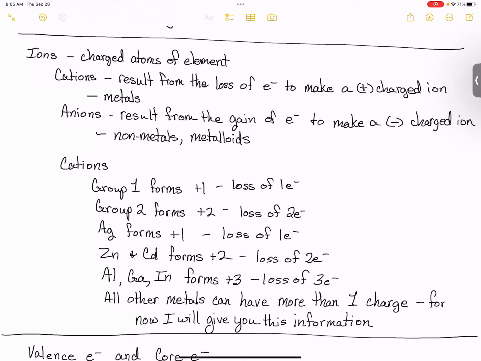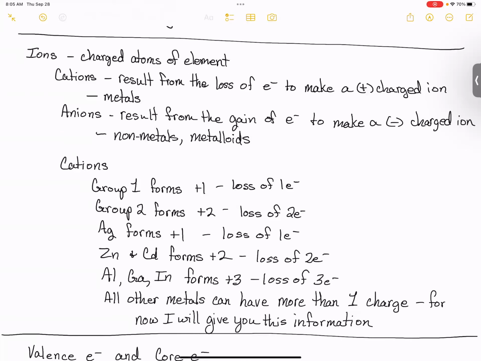Now, there are 6 additional elements who always form a specific charge. And those elements, it's a little bit harder to remember because for the first ones, it was group 1, group 2. Group 1 plus 1, group 2 plus 2. But it's a little harder to remember these other 6 simply because of where they are on the periodic table.